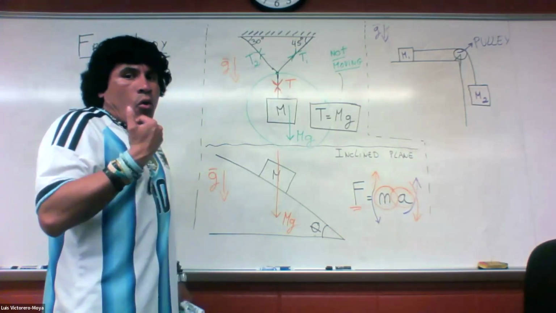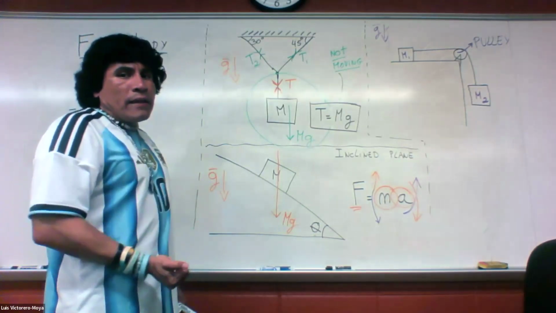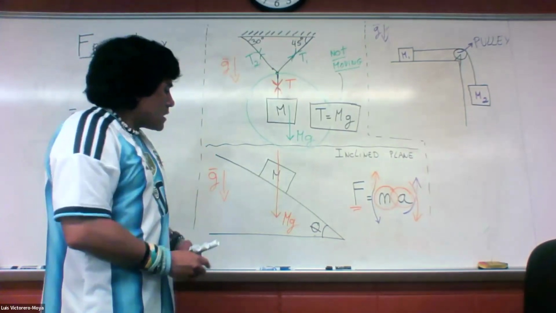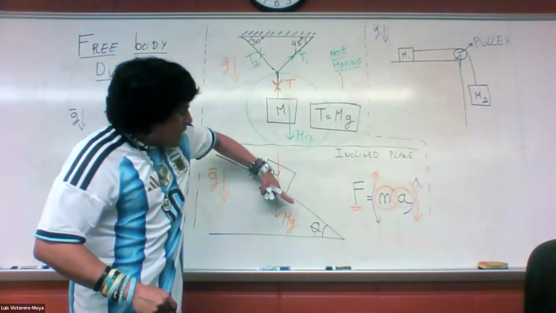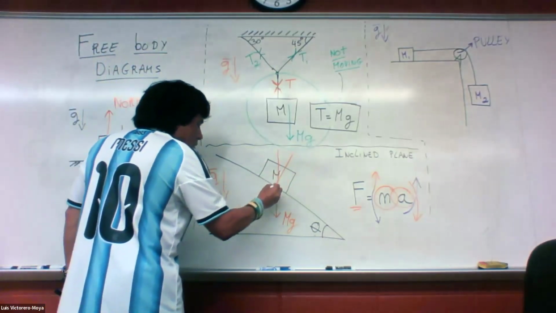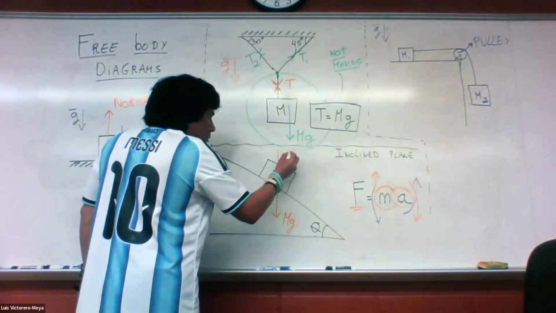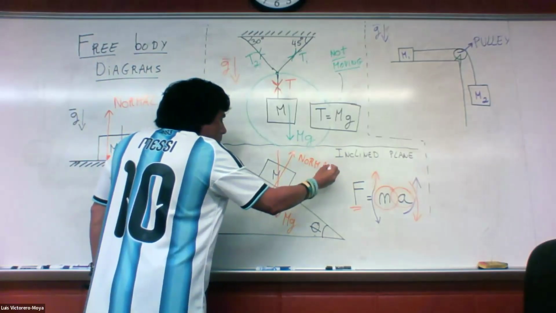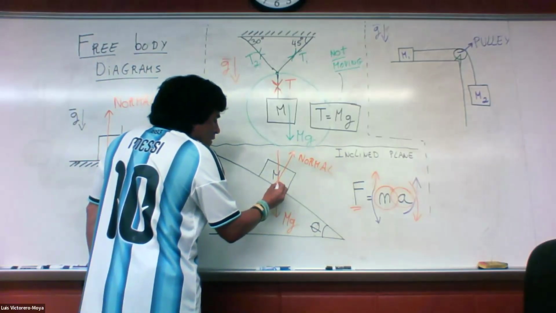Normal forces are always drawn perpendicular to where the mass is sitting. So if the mass is sitting like this, my normal force goes like this. That's my normal, and it makes 90 degrees.